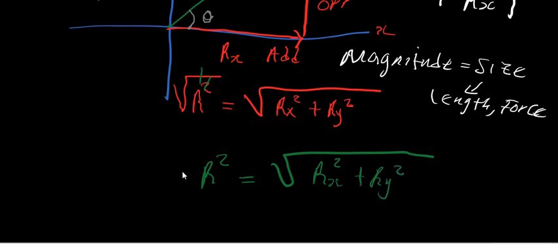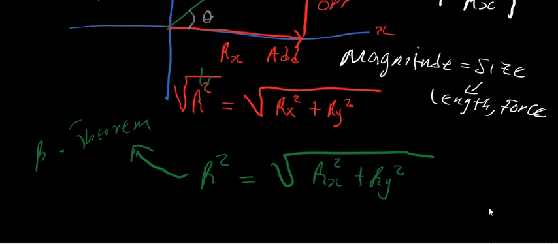What method is this? This method is known as the Pythagorean theorem. I'll just say P theorem to avoid wasting time. So that's the Pythagoras theorem.